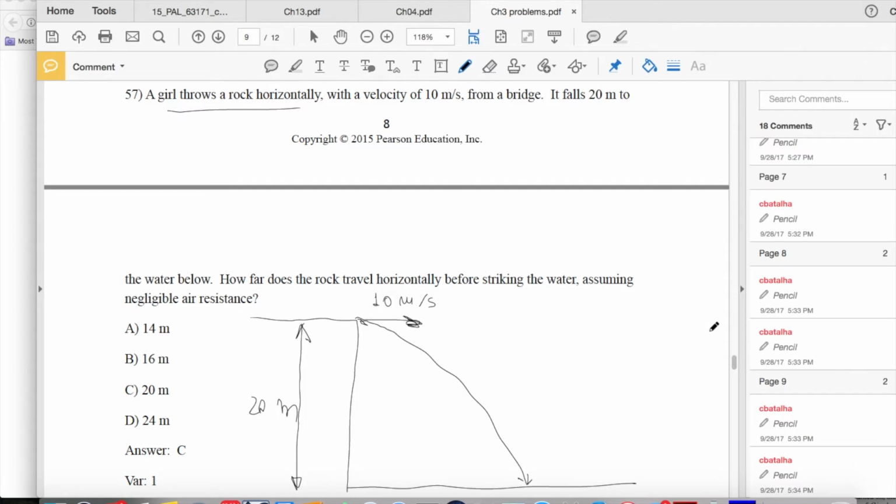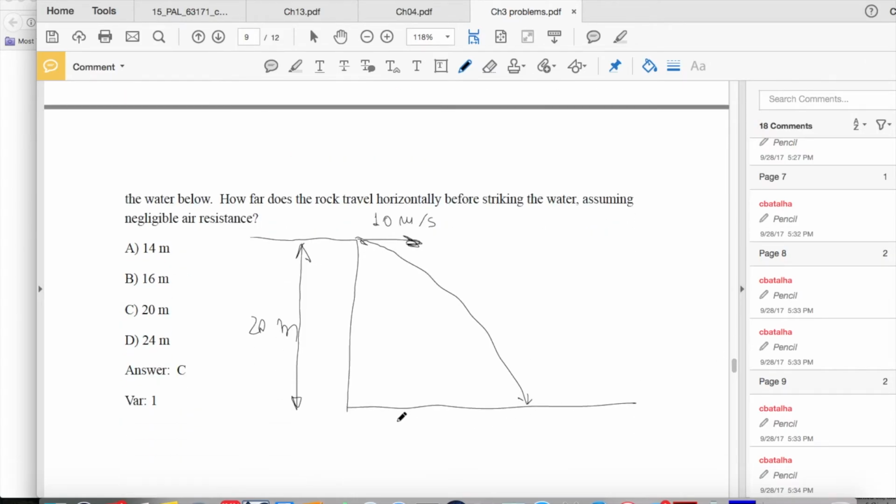So you want to find the horizontal displacement.